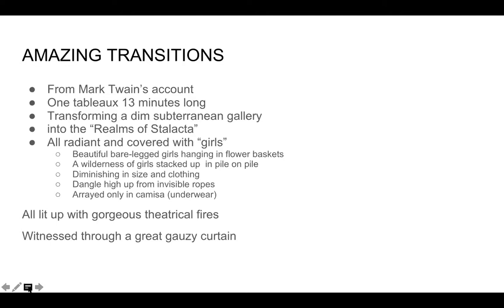That means they're getting smaller as they move away from the front of the stage, dangling high up from invisible ropes. They even use children in the far back of the stage to make it seem like smaller women. And then they could get away with less clothing because they were a little bit further away. Arrayed only in camisa, underwear, which would be the top part of the underwear worn underneath the garment.